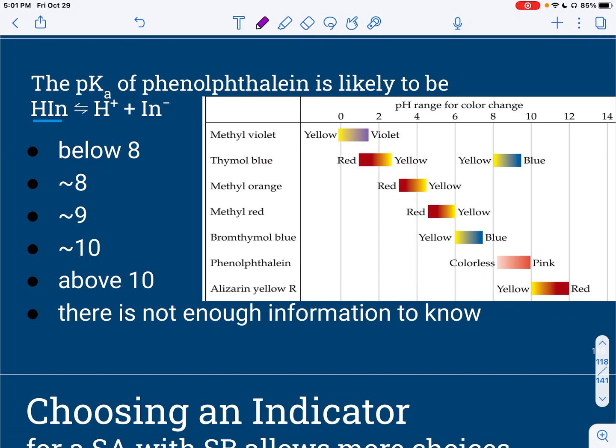We just looked at that on the last slide. But if you look at it from here, we would expect it to be from 8.3 to 10.3, so right about 9. So if you wanted to find it from this chart, there it is. Okay? So that's really the gist of indicators.